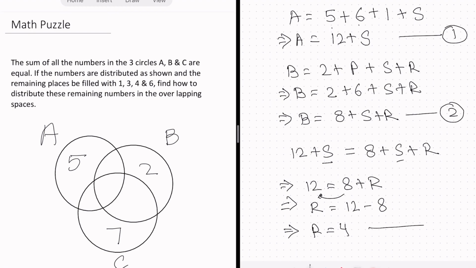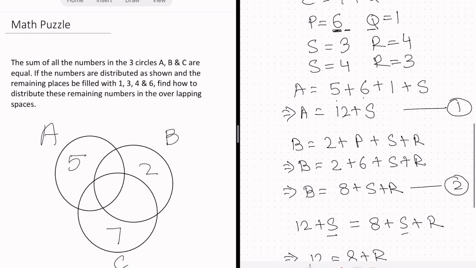Let's number this 3. Now if R is equal to 4, there's only one option for S. S has to be 3.